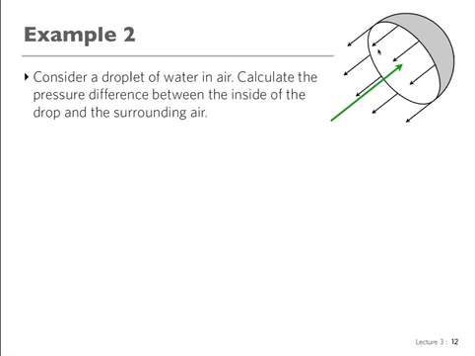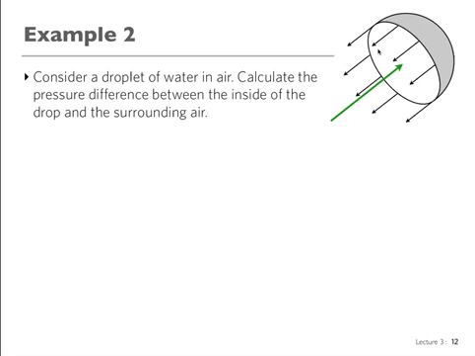So in my sketch there, I have drawn actually just half of the drop. I'm going to look at one half of the drop to be able to flesh out the effect of surface tension on the drop. And we're going to do a free body diagram of that half drop.